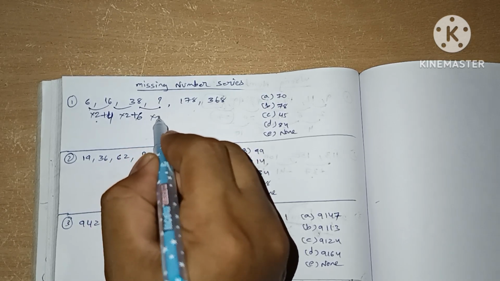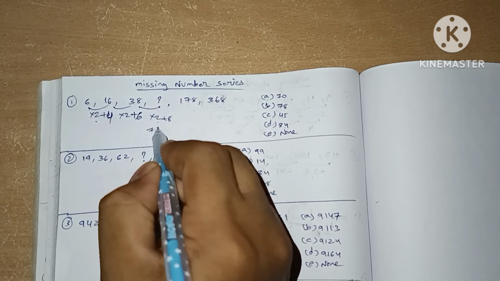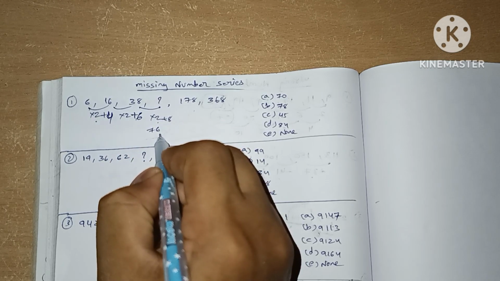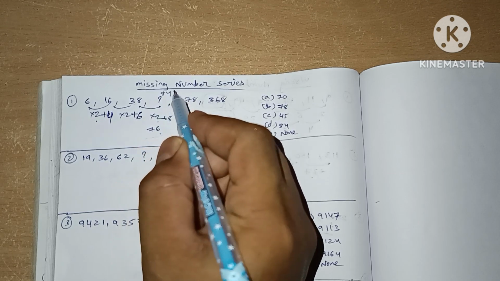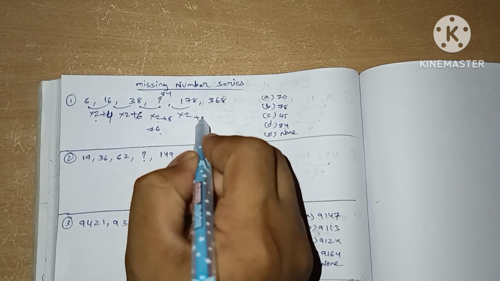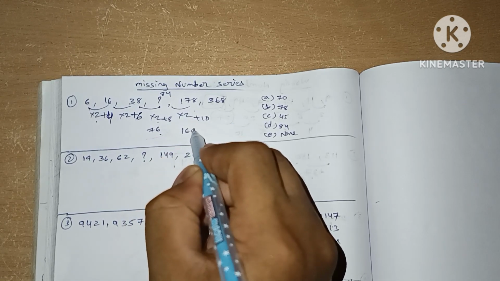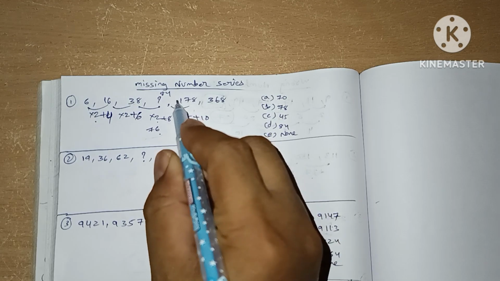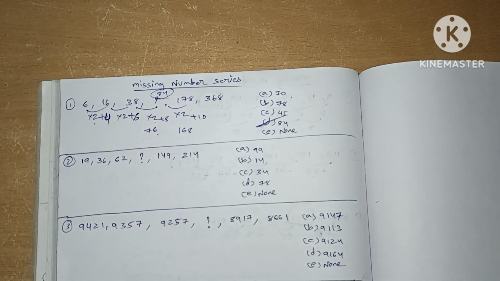Let's take this as into 2 plus 8. 38 2 times will be 76. 76 plus 8 will be 84. 84 into 2 times plus 10. This will be 168 plus 10, 178. So 84 is our answer. Option D is our answer.